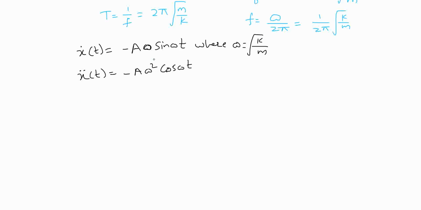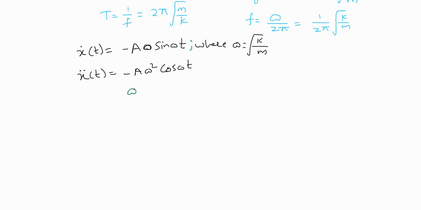So yeah, this is velocity. Velocity is equal to minus A omega sin omega t. So when will the velocity be maximum? When sin omega t equal to 1.